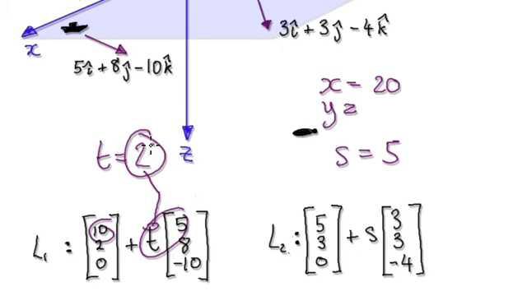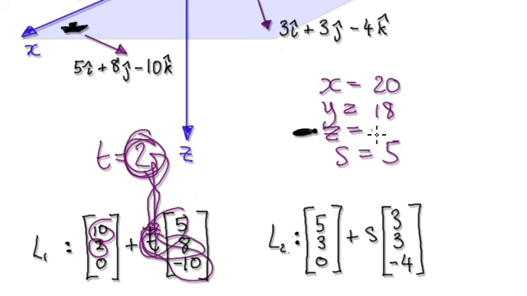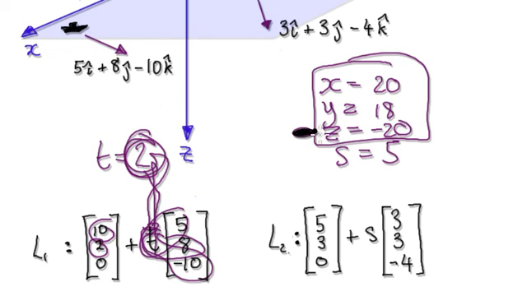The y coordinate will be, put 2 into here, so that will be 2 plus 16, which is 18. And then the z coordinate, put a 2 into here, so it will be negative 20. So here is the precise location of the submarine.